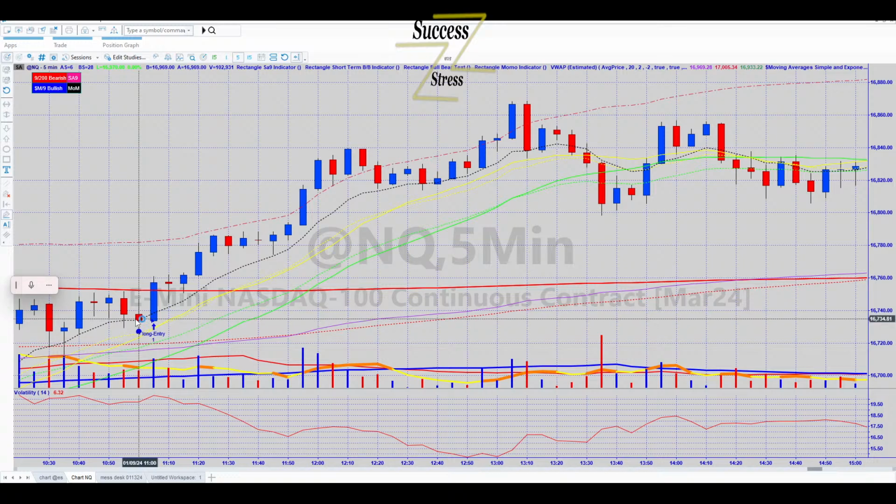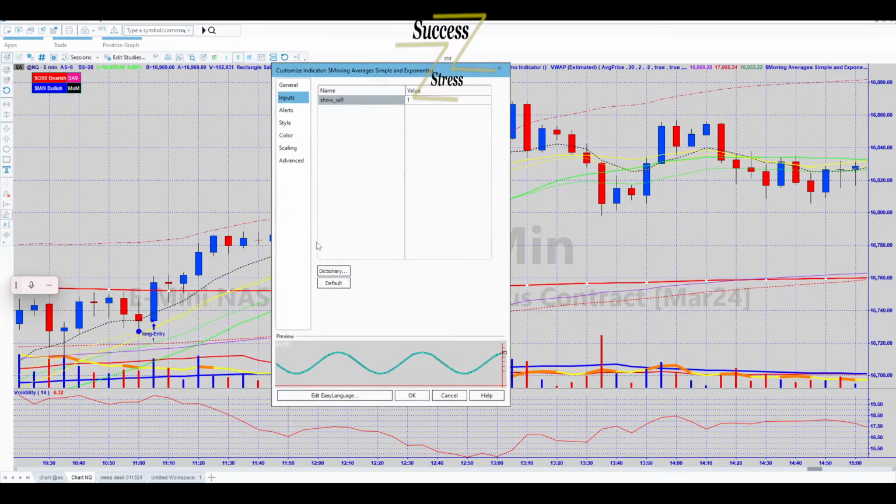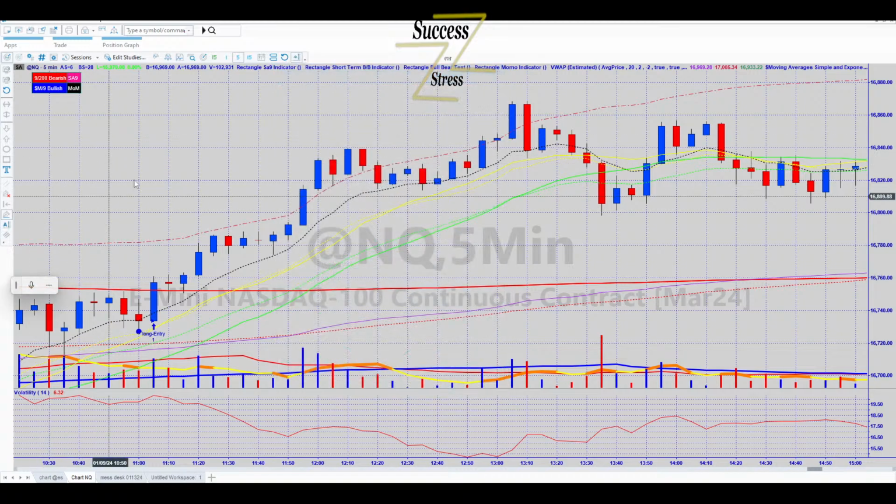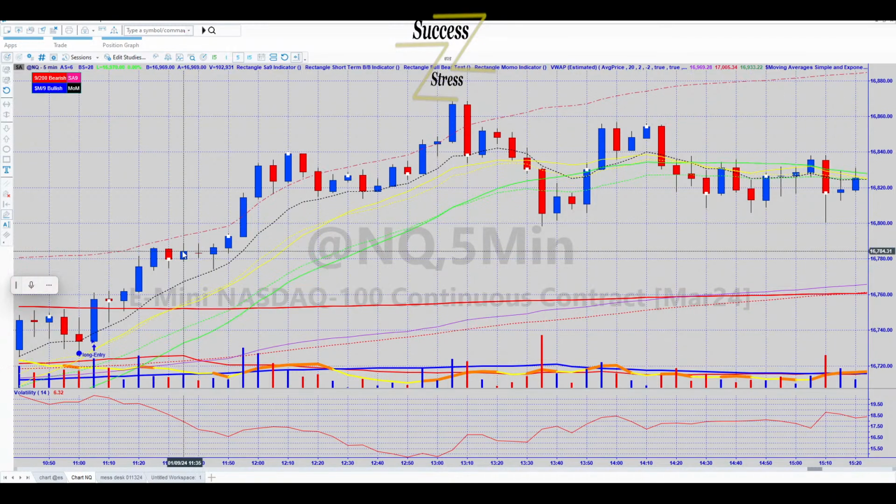Maybe you can if you have intra-bar value and update on every tick turned on, where you go to the study and you have update value intra-bar. If you have that turned on, then it can update intra-bar and put you in a position on the bar. But I don't know that you can do that with buying.